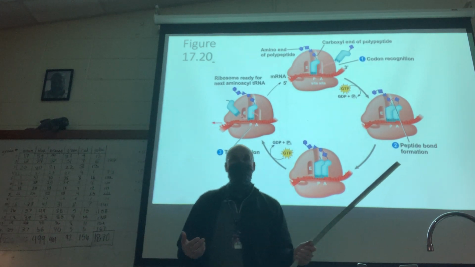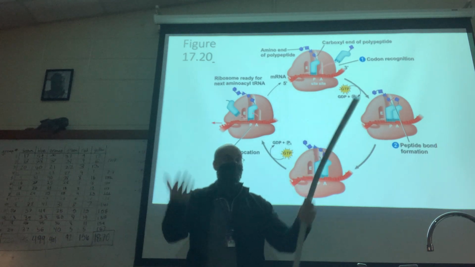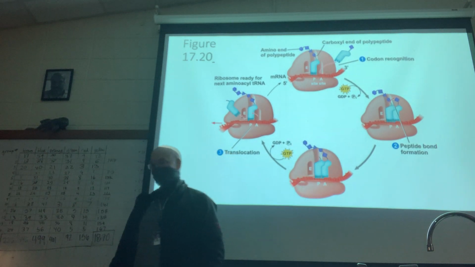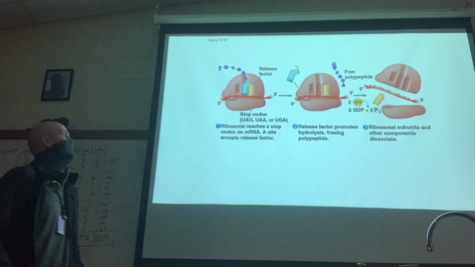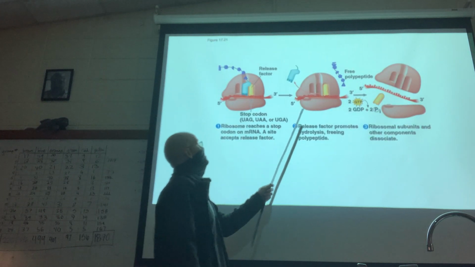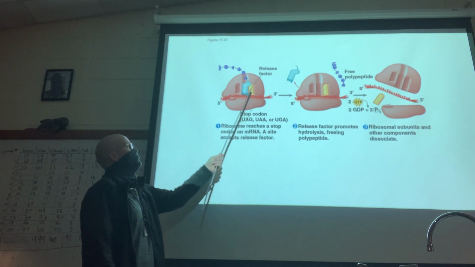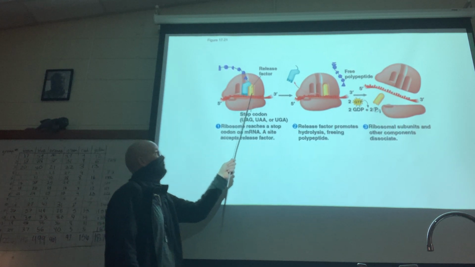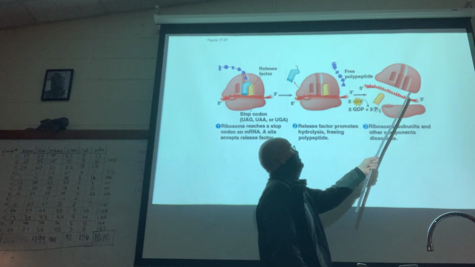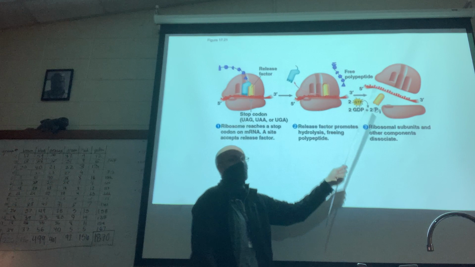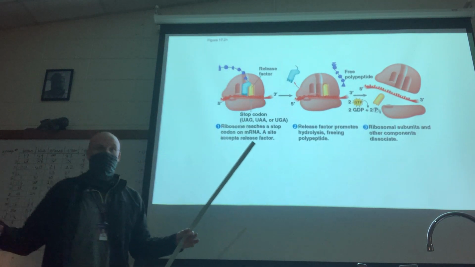What in the message will stop it? A stop codon should be there at some point. And that's what this next slide is showing. Eventually, a stop codon is going to attract something called a release factor, which causes the ribosome to break apart, release the message, release the polypeptide, and the process is done.